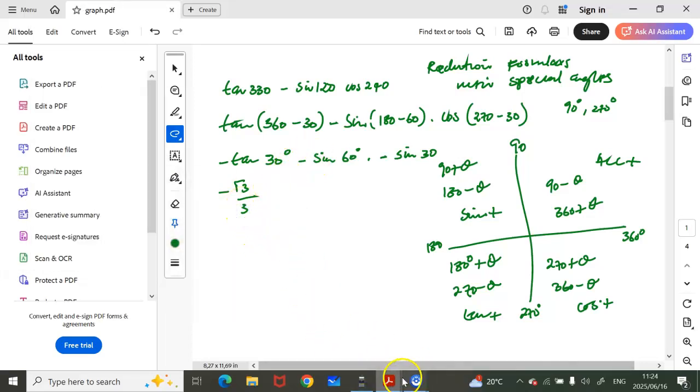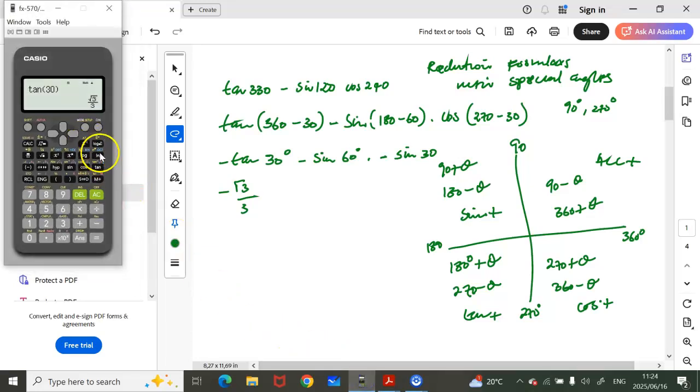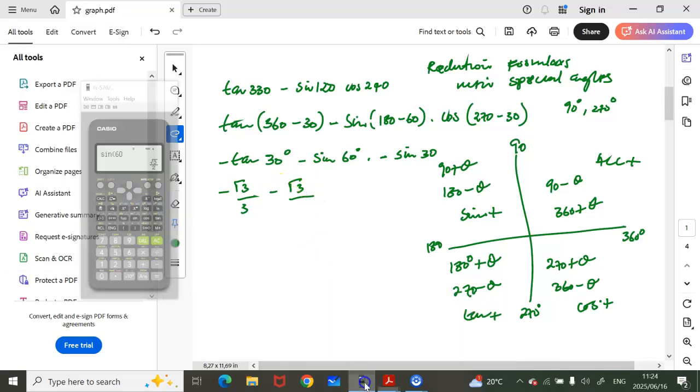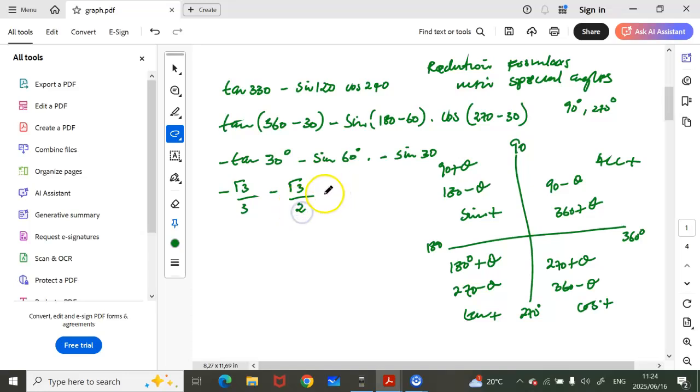What about sine 60? Sine 60 will be minus the square root of 3 over 2, times, I can just put a times, then minus sine 30 is 1 over 2.